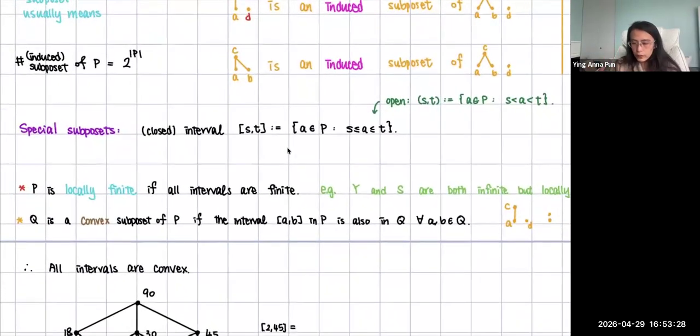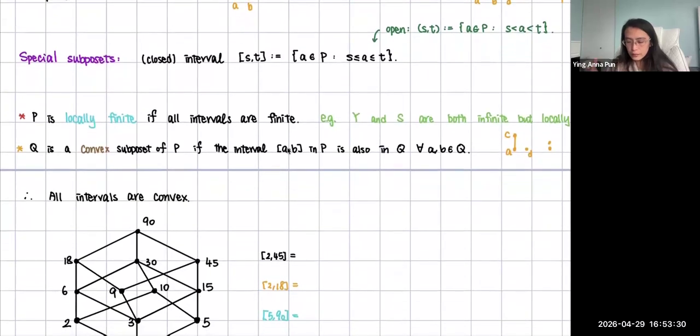So now we can move on. Why do I talk about subposets? Because there's a special subposet that we are going to learn about, called the interval. So what is that?